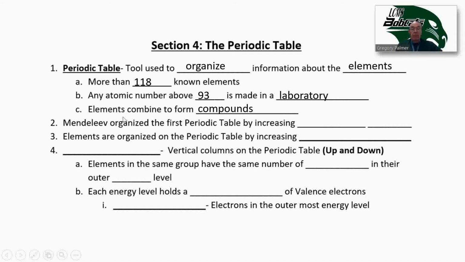So that was back to Dalton. Okay. Now, Dmitri Mendeleev was the first one who organized the periodic table, and what he did is he was a card player, so he would write down the properties of the elements on these cards, and he started organizing them by their properties and how they reacted.